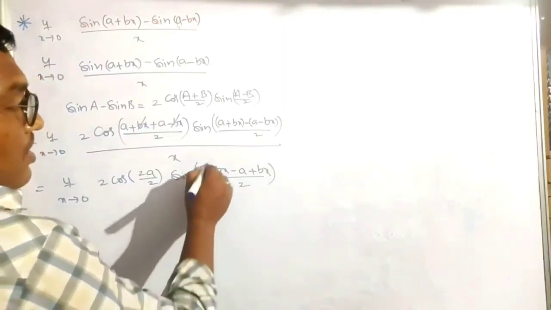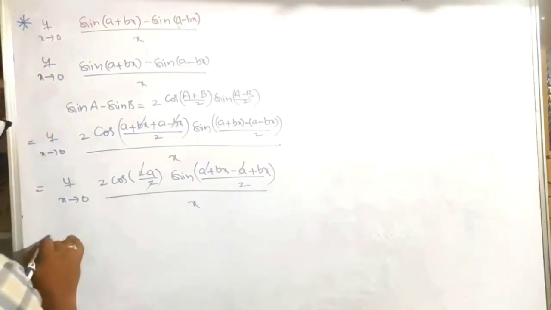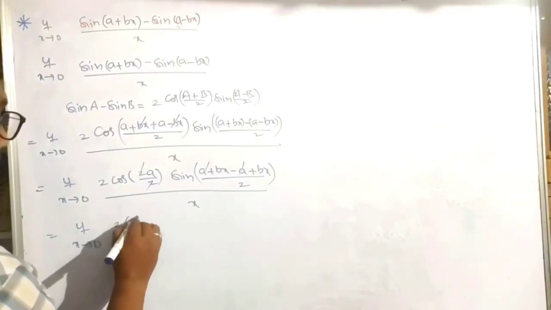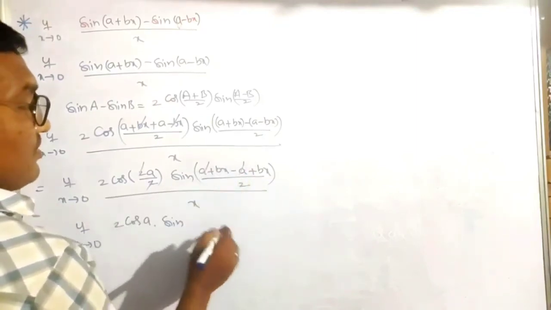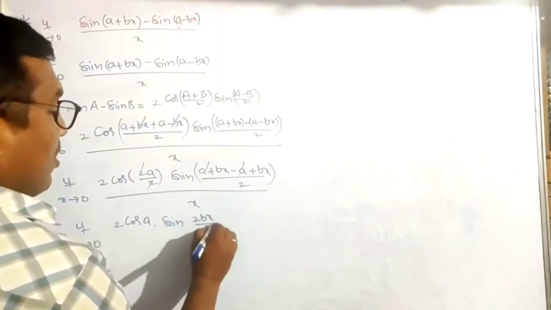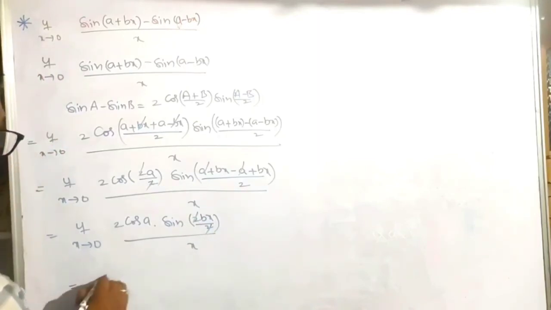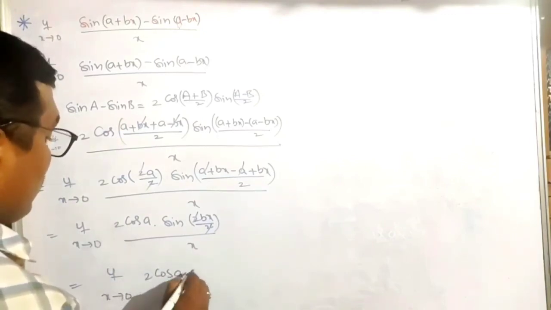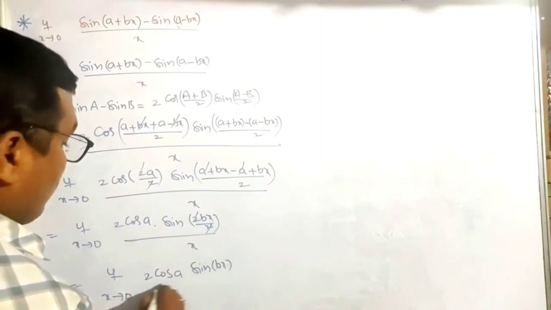So now a gets cancelled here, and bx plus bx becomes 2bx by 2, by x. The 2 gets cancelled here. Next, limit as x tends to 0 of 2 into cos a into sin of bx by x.